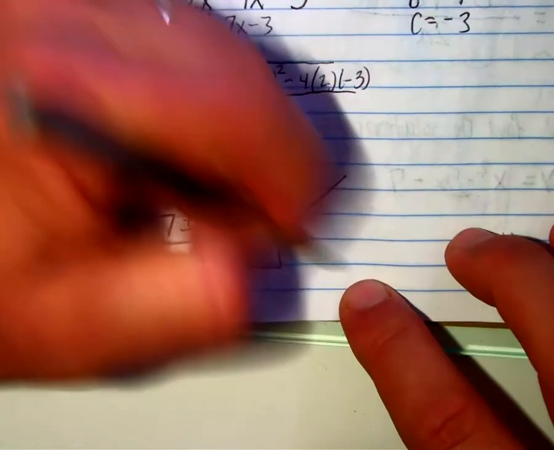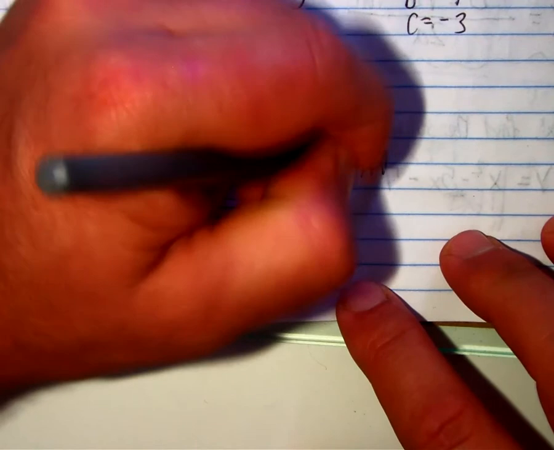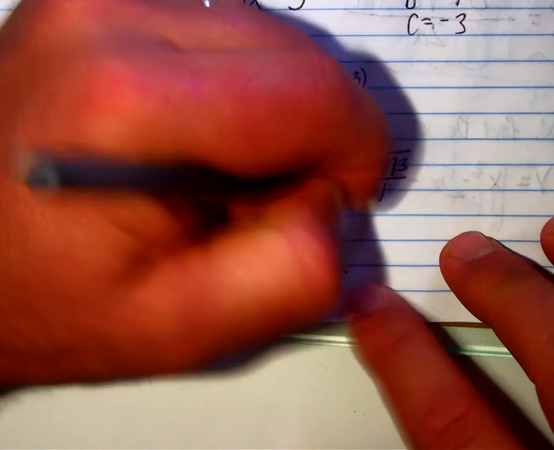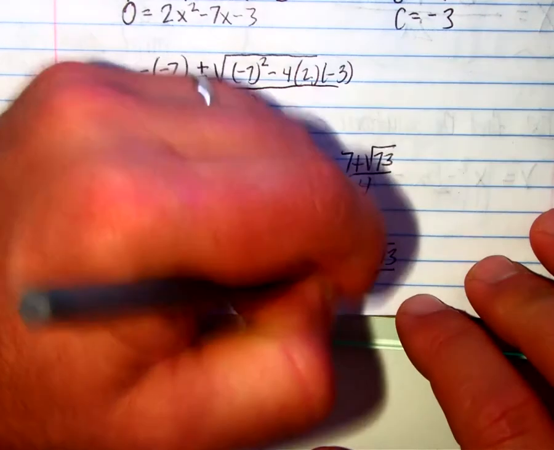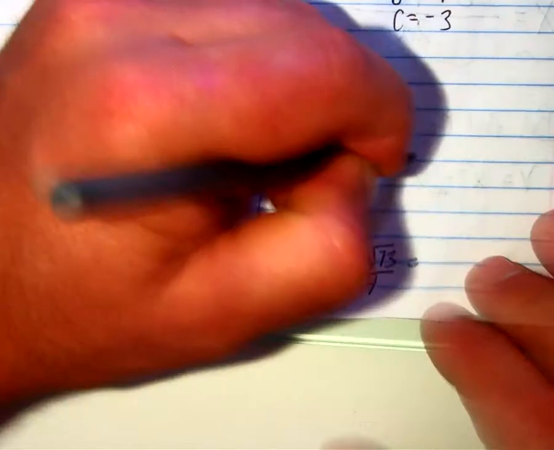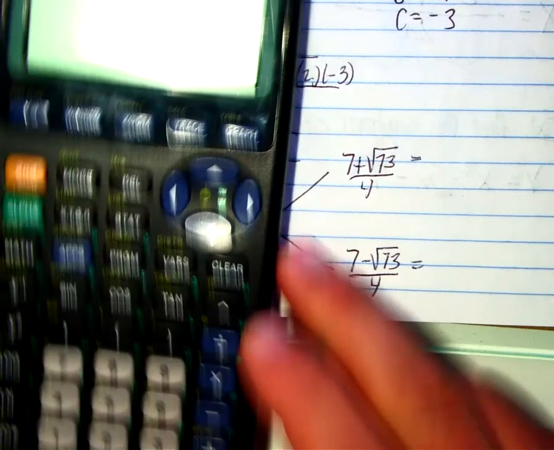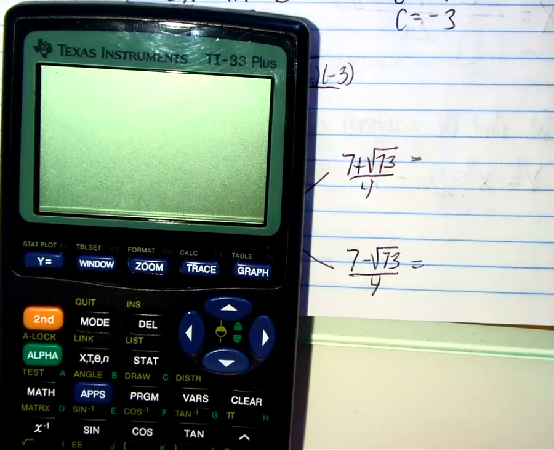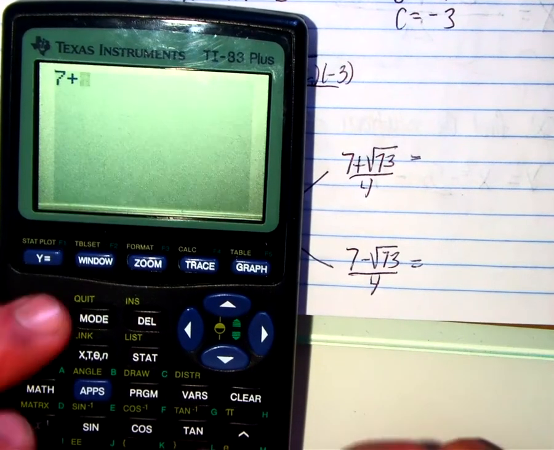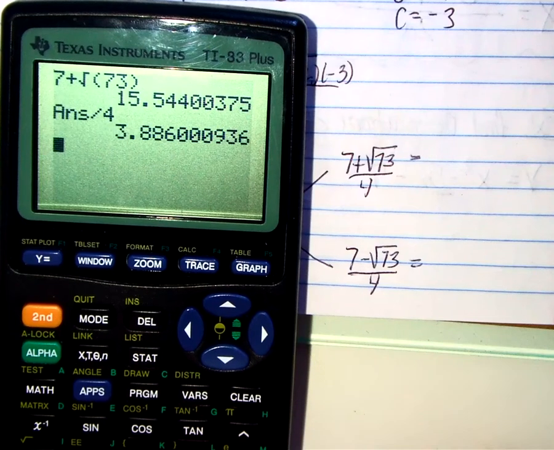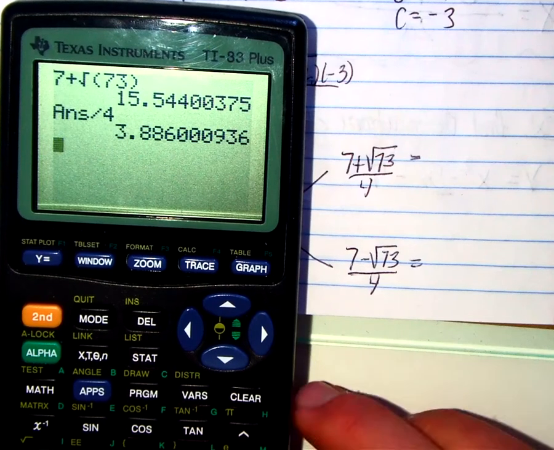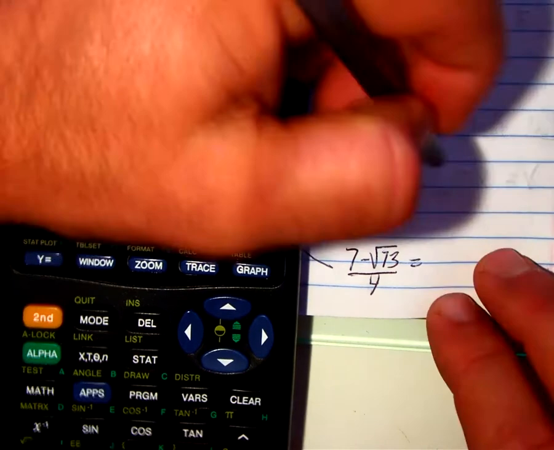Or sometimes I prefer to go further. It's not that big of a deal. Let's see if Luke is right. All right, Luke, here it goes. 7 plus square root of 73 divided by 4. Ooh. 3.88.